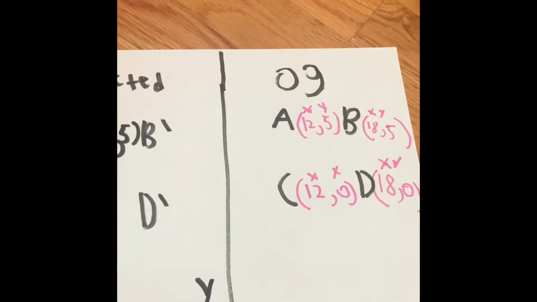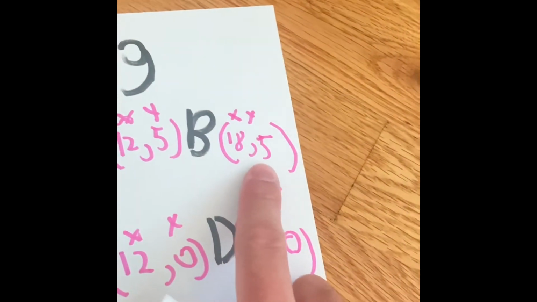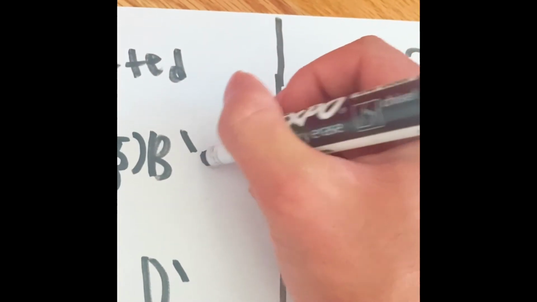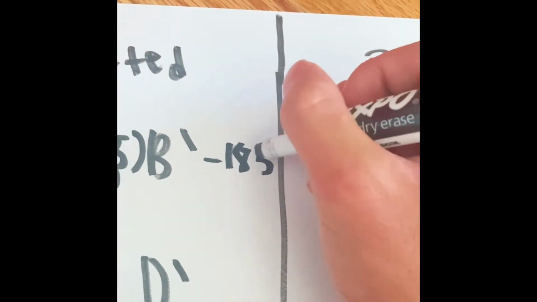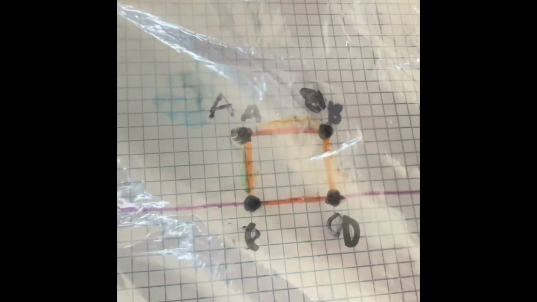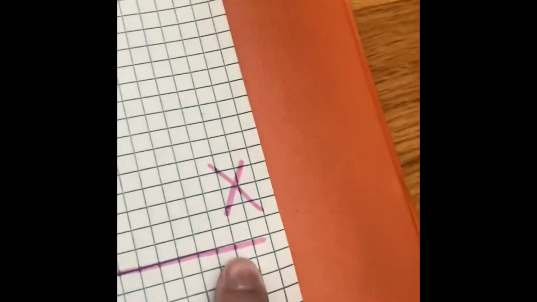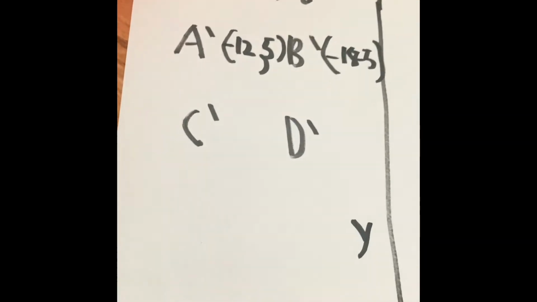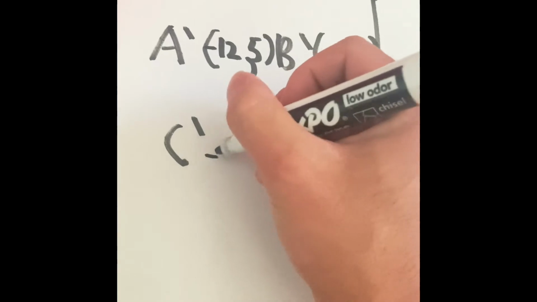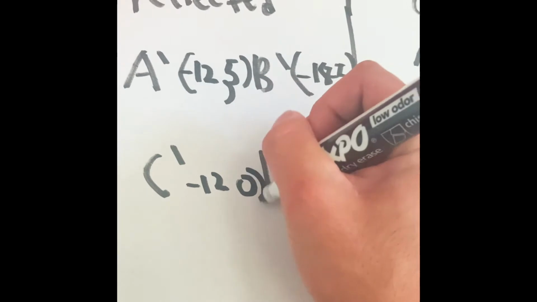Now let's try point B. We have 18, 5. That's going to be turned into negative 18, 5. The same rule happens with point A. We start from here, but the only thing that changes after you reflect is the x value. Now, we can do C and D. C is going to be negative 12, and y is 0.